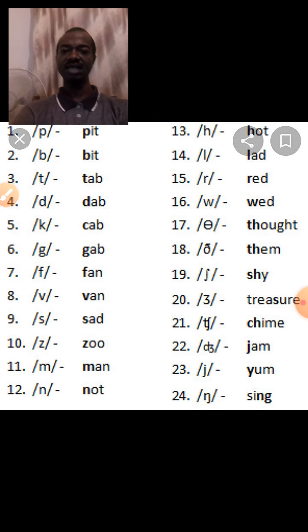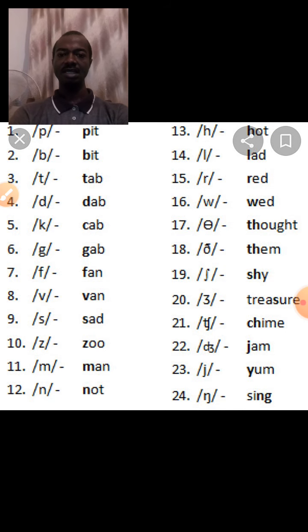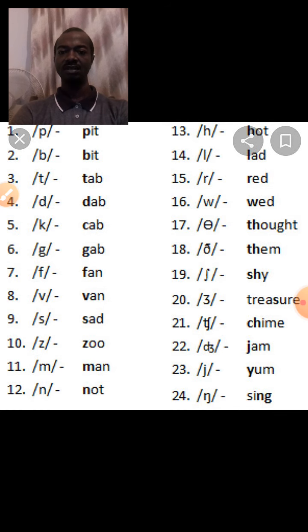The first one I have here is the P. P is a consonant sound, and we have words like pit, pot, paper, the P sound. Then we have the B, like you have in beat.